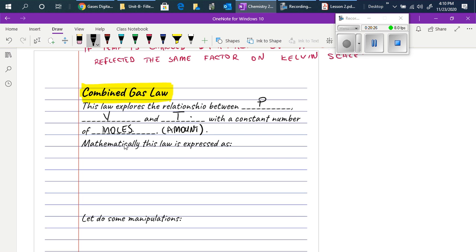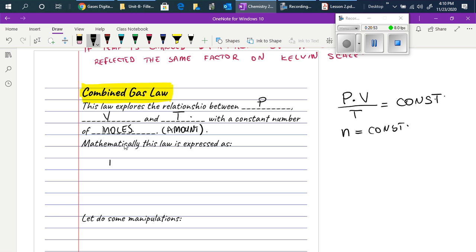Mathematically, this relationship can be expressed as the ratio of the product of pressure and volume with temperature is constant.